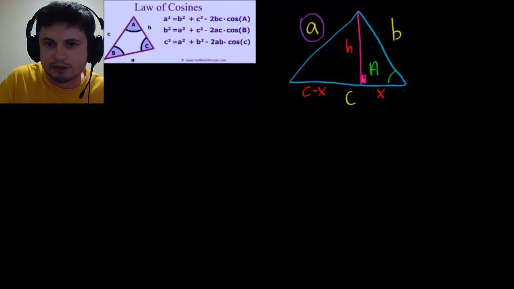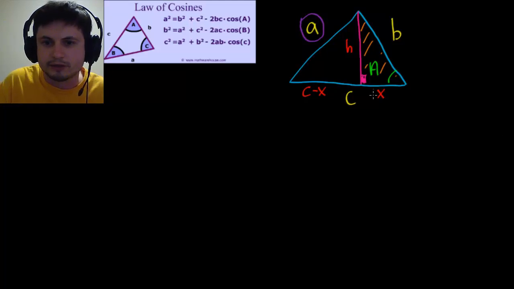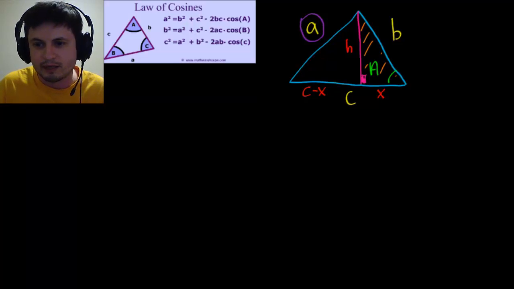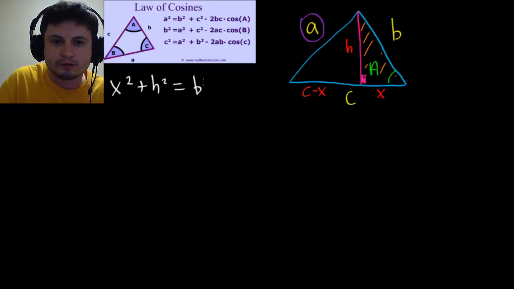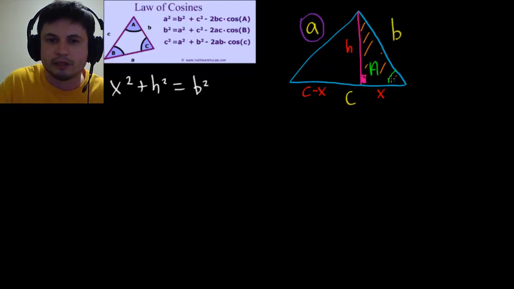So let me just give you an idea which triangle I'm talking about. So this triangle right here. And let's start with this triangle. So we know that this is a leg, and this here is a hypotenuse. And so basically x squared plus h squared equals b squared. So you can find b squared using these two sides.